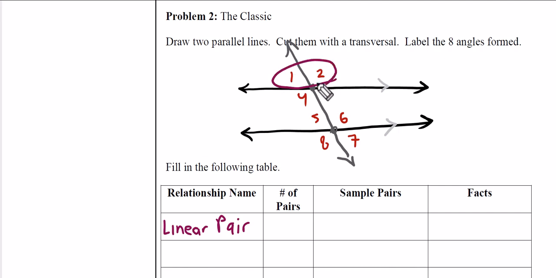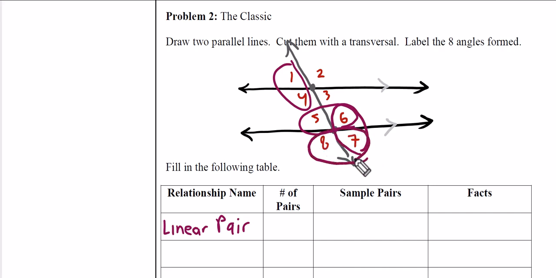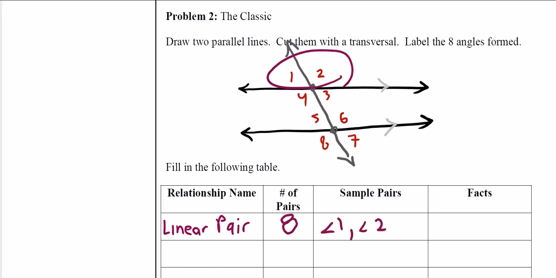So angle 1 and angle 2 are a linear pair. 2 and 3 are a linear pair. 3 and 4 form a linear pair. 1 and 4 form a linear pair. Also, 5 and 6 form a linear pair, 6 and 7 form a linear pair, 7 and 8 form a linear pair, and 8 and 5 form a linear pair, for a total of 8 linear pairs.